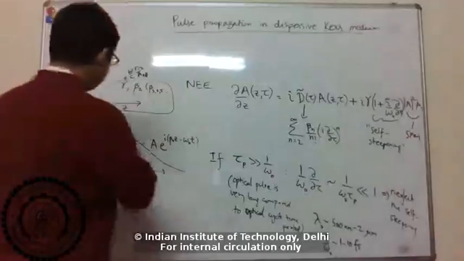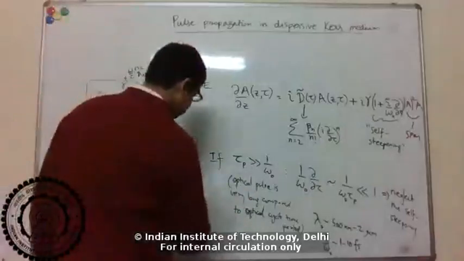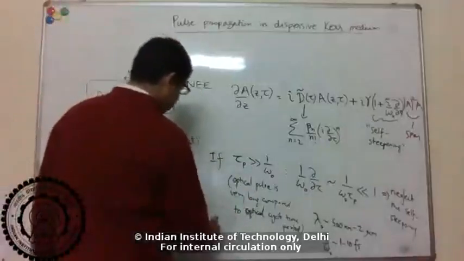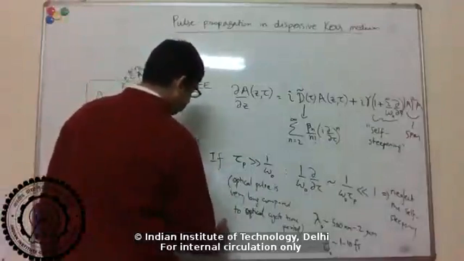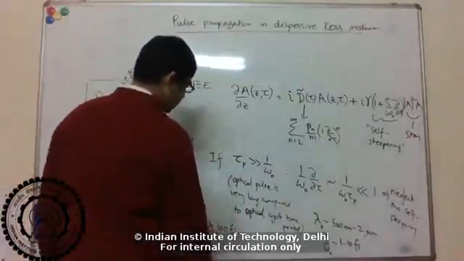But typically the pulse widths that we usually consider are at least 100 femtoseconds.